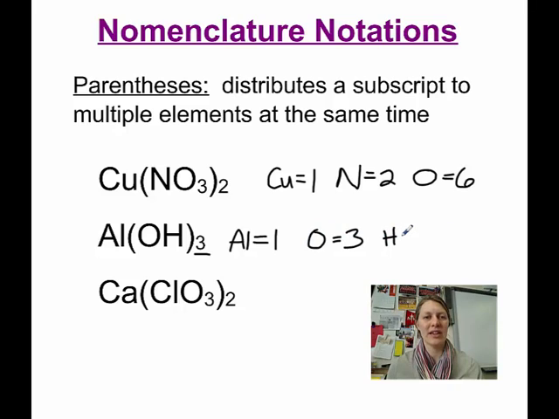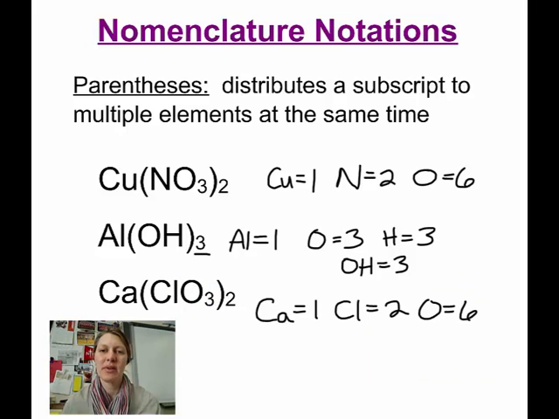Or in this case, the OH, the hydroxide, is actually a polyatomic, so if you wanted to, you could just put that we had a total of 3 of those polyatomics. Go ahead and pause the video and give this last one a try before you check your answer. As you check your answer, hopefully you have what matches up here as well.